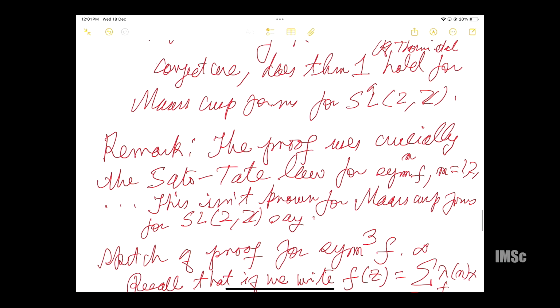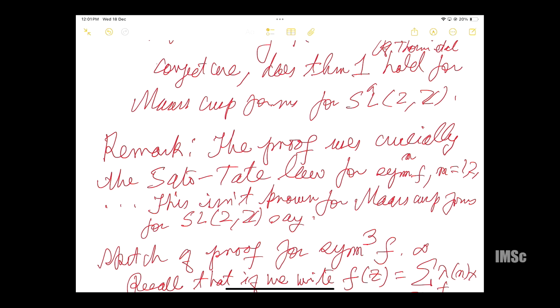But here there is a big problem because the theorem of Thorner crucially uses the Sato-Tate law. The entire proof is based on that. With Ramanujan, you can write lambda_f(p) as 2 cos theta_p, where theta_p is in (0, pi). But whether the cos theta_p are actually distributed according to that law or any measure absolutely continuous with respect to Lebesgue, we don't know for Maass forms.